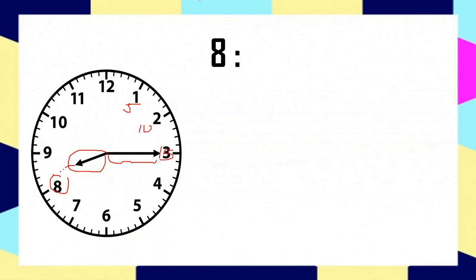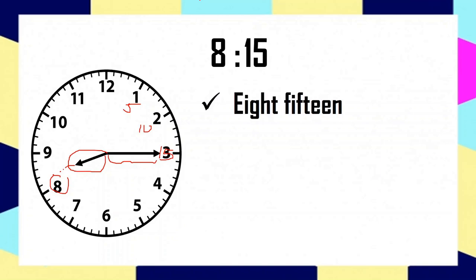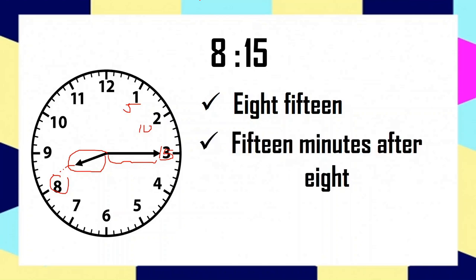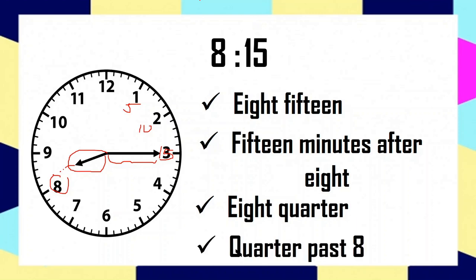So meaning that the long hand points at 15 minutes. So this is 8:15. Or we may also say 15 minutes after 8. Or we can also say 8 quarter. Quarter means 15 minutes. Or quarter past 8 or 15 minutes after 8.